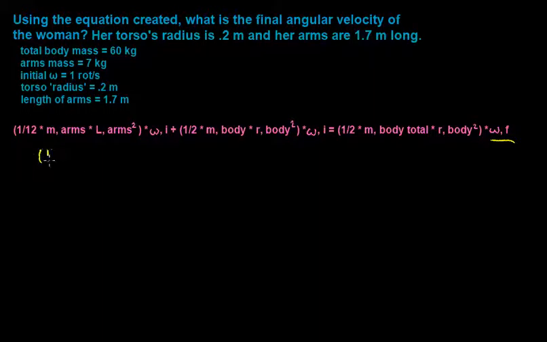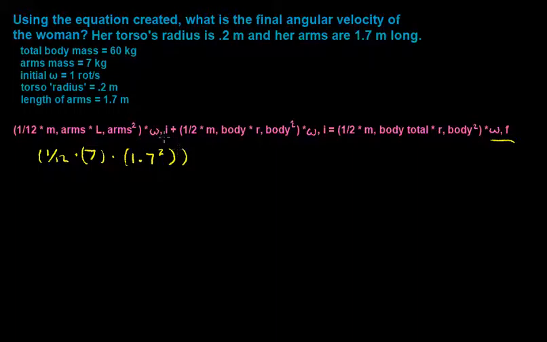So we have 1/12 times the mass of her arms, which is 7 kilograms, and then times the length of her arms, represented by the capital L, but the length of her arms squared, which we were given as 1.7 meters long, and that will be squared.